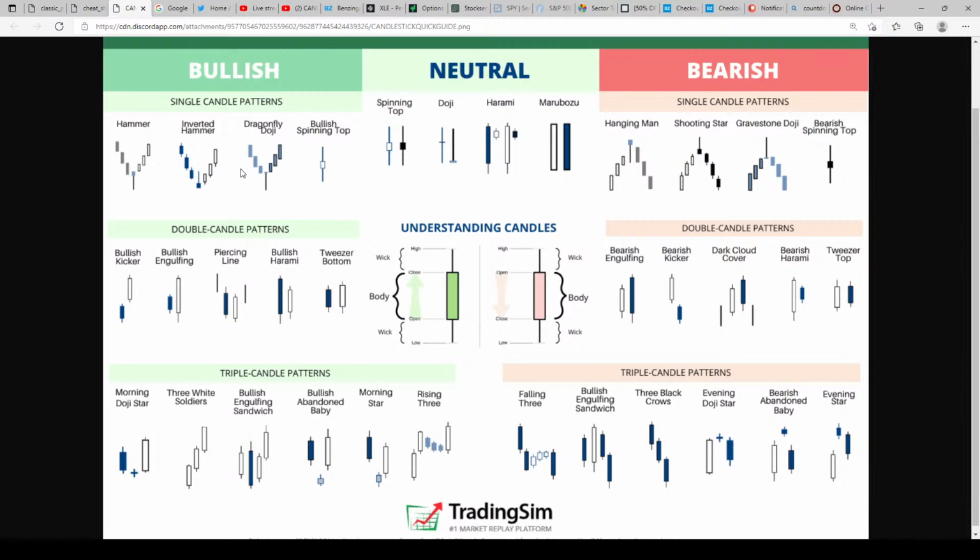So again, if we're looking at the picture that I put up in education, you can see that on the bullish and bearish sides, the first 3 are doji candles or hammer candles that lead right into a reversal. And now that I pointed that out to you, you're not going to be able to unsee it. Most reversals you look at are going to have that doji candle. Not all, but a lot of them are.